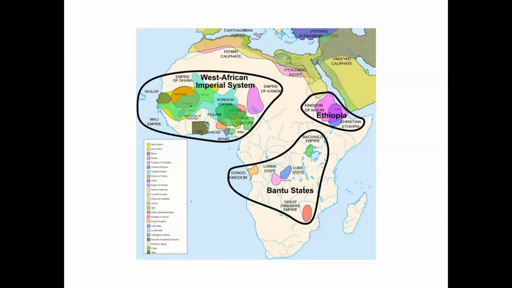The Bantu states, a little less integrated in the south and central part of the continent, and then of course the Ethiopia region, again, a long history of very well structured trading systems, and of course, we know about all of the empires and states that existed along the North African coast. So again, not a blank slate in the least.